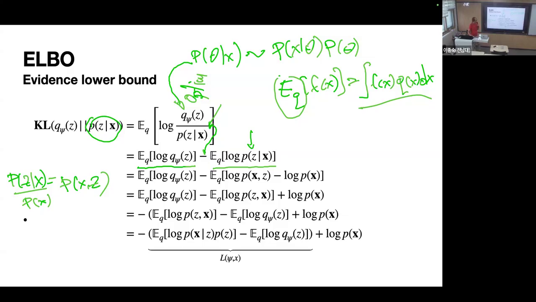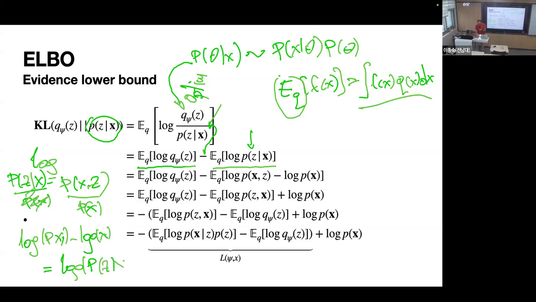I don't know why my pencil stopped working in the middle. Okay, it has battery. So if we take the logarithm on both sides, it will just say log p(x,z) minus log p(x) equals log p(z|x). And this step here is actually what is happening when we go to the next slide.